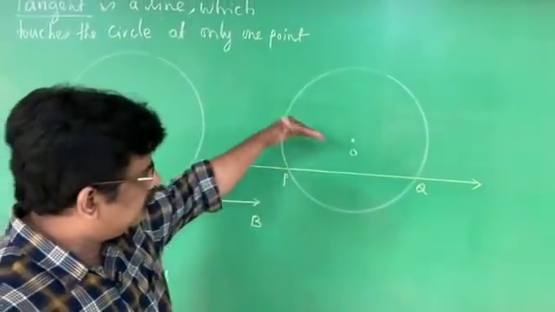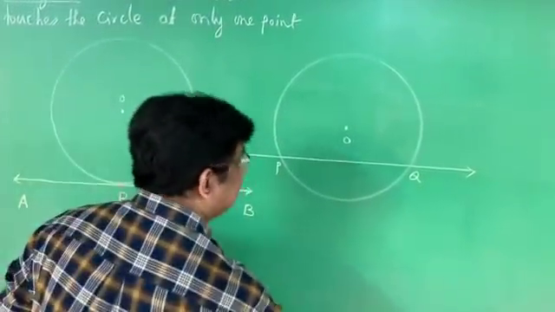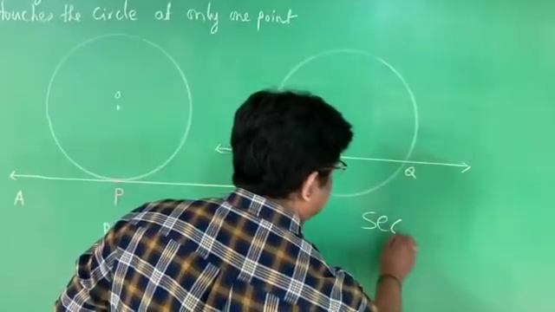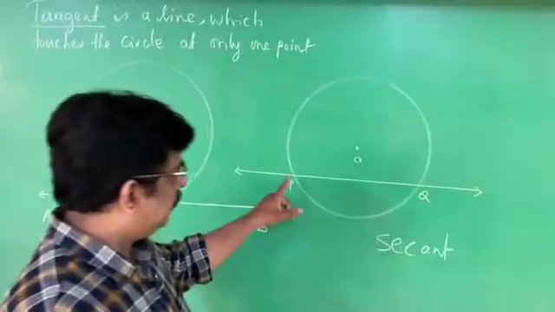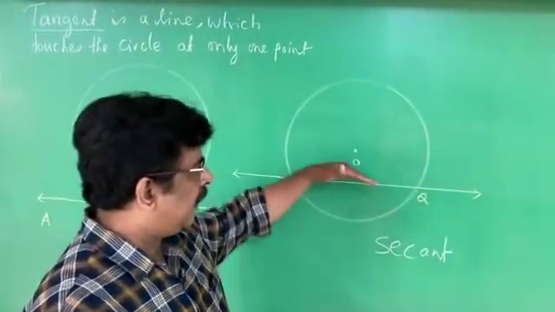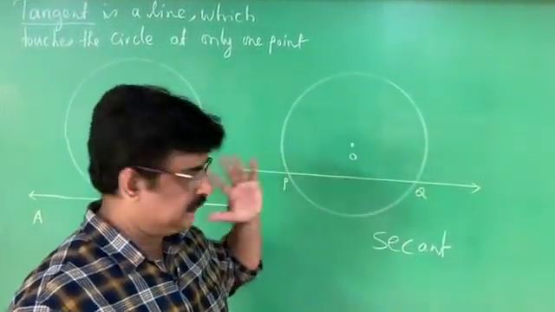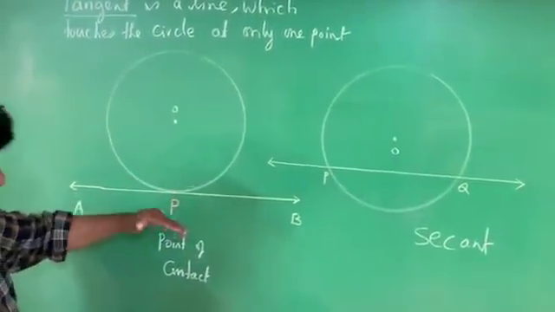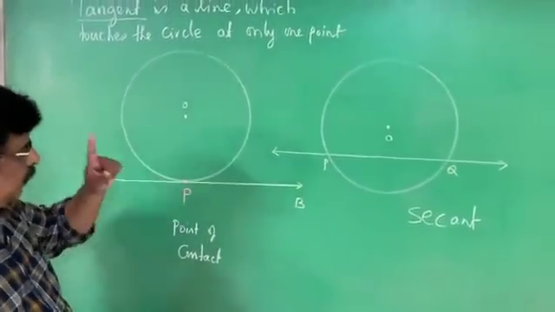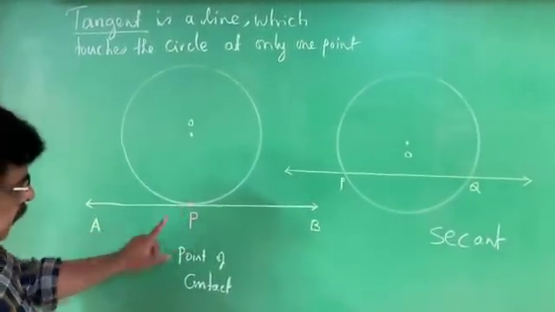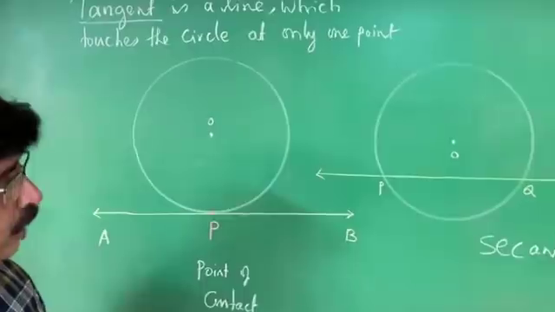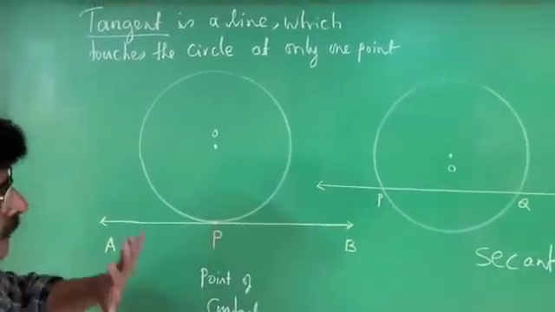And therefore, this line is called a secant. Secant is a line which cuts the circle at two distinct points. Whereas the tangent is a line which touches the circle at one point, and that point is called the point of contact. Try to understand this. Very simple it is.